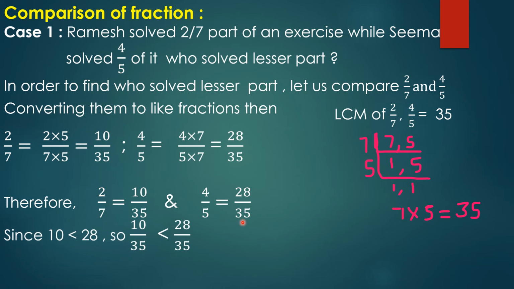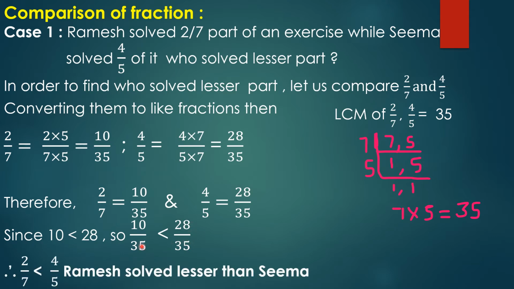Now how to compare these two? Here compare the equivalents, 10 by 35 and 28 by 35. In both the cases the denominators are the same, and if we compare 10 and 28, which is lesser? 10 is the lesser. Therefore 10 is less than 28, so 10 by 35 is less than 28 by 35.